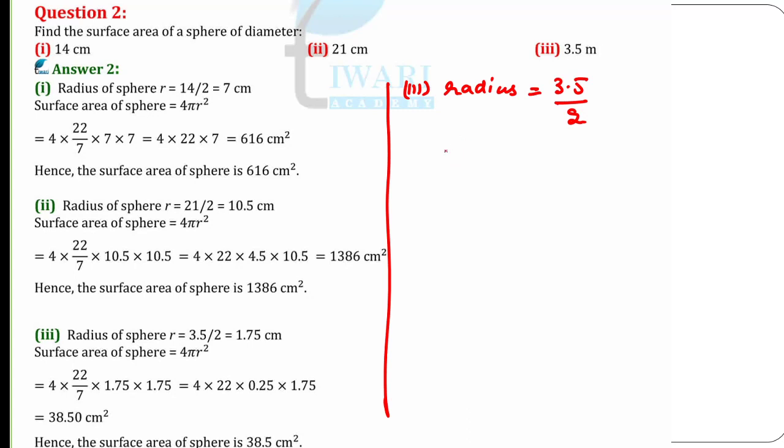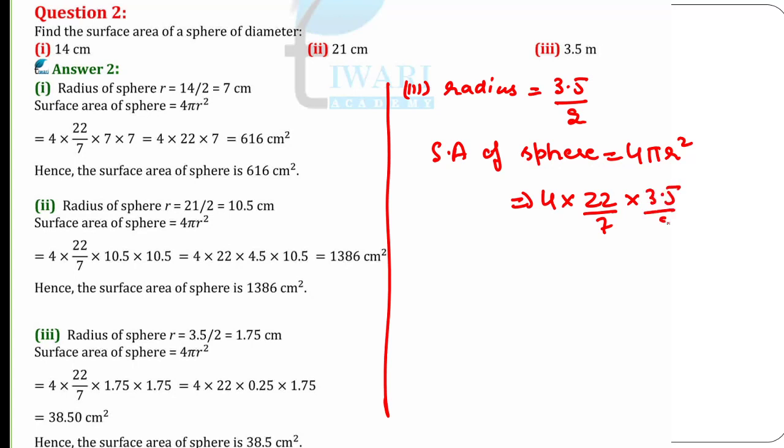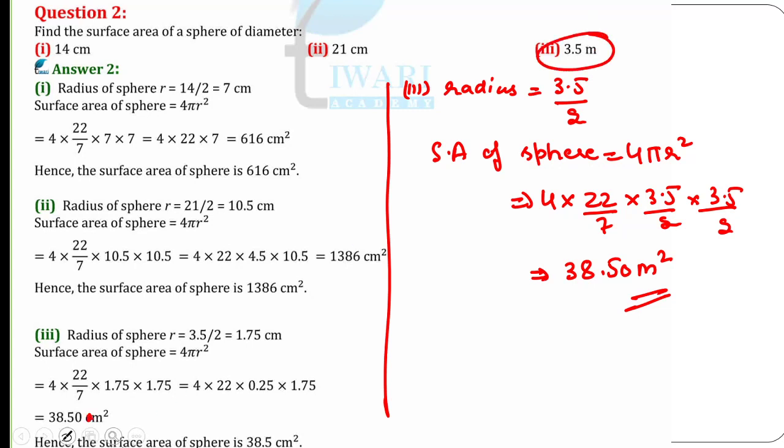The surface area of a sphere is 4 pi r square. On putting here you will obtain 4 into pi, which is 22/7, into 3.5 divided by 2 into 3.5 divided by 2. On solving you will obtain 38.50 meter square. That is your required answer. Since the value is given in meter, this is in meter.